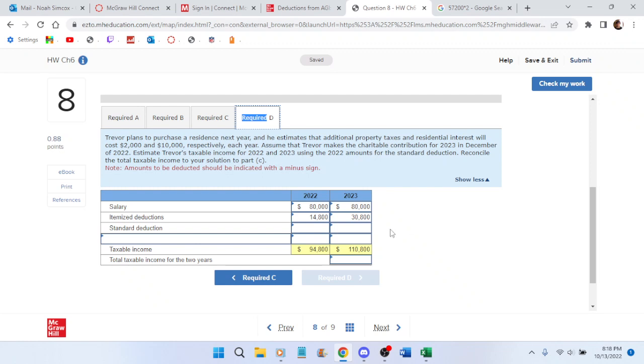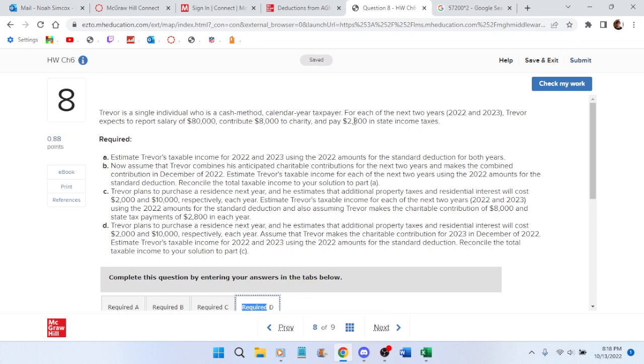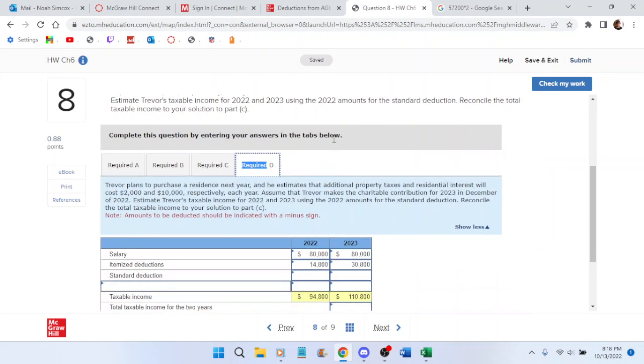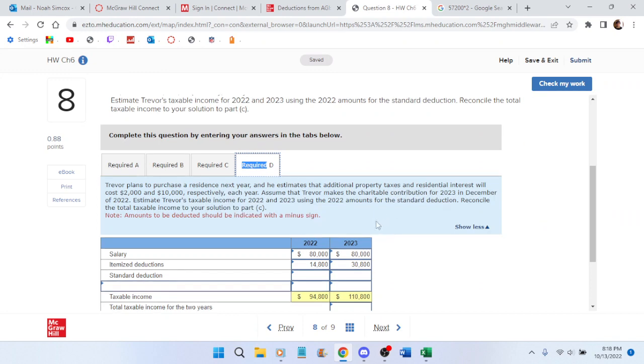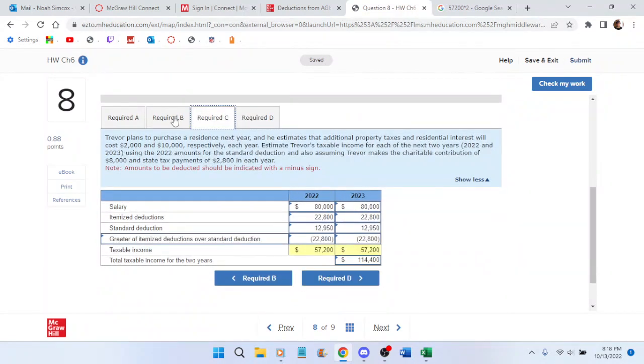The deduction should include these taxes. They were included before. In 2022, there's no tax. How is this wrong? It's 12,000 plus these taxes right here, state income taxes. So 12,000 plus this is 14,800. How is this wrong? That was literally the answer for one of them, wasn't it?